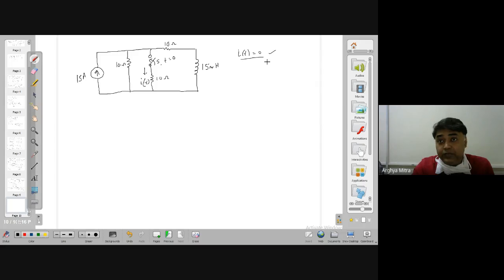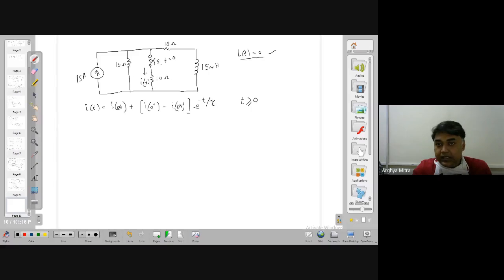That means you want to find the expression for the current I of t. We can handle it with the help of Laplace, or we can handle it remaining in the time domain. For that, you have a beautiful formula, so keep it in your mind. I of t is equal to I infinity plus I of 0 plus minus I infinity, into e to the power minus t by tau, for t greater than or equal to 0.